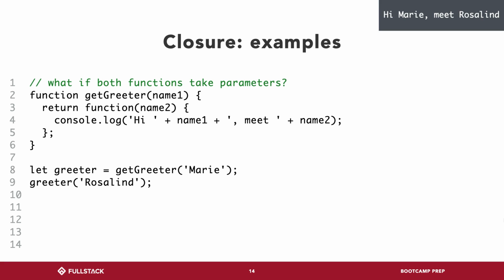So that means when we call greeter with one argument, name2 will be assigned to Rosalind, but name1 will remain undefined. So when we try to access name1, it sees that there is a parameter, name1. There is a variable, name1. Its value is just undefined. So that's why this will be undefined in that situation.